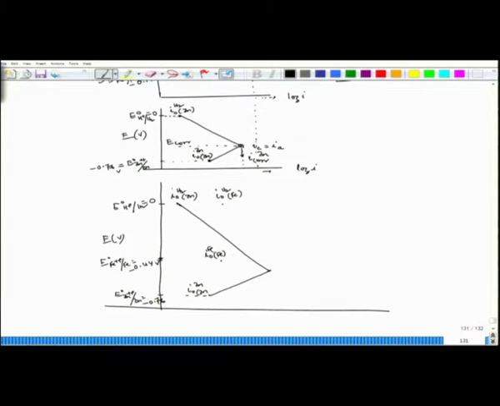So, they meet at this point. So, I put it in a different color.